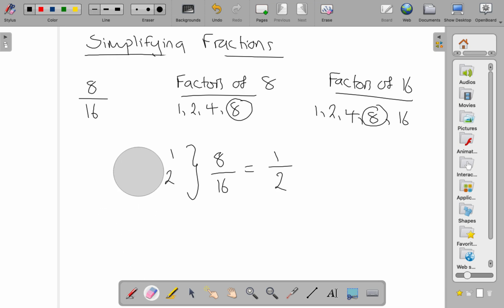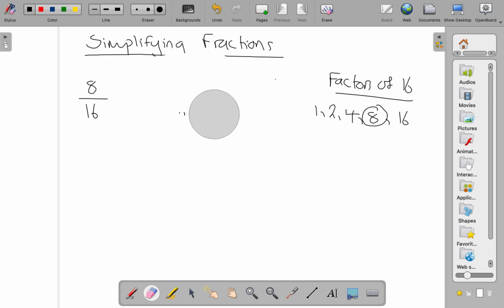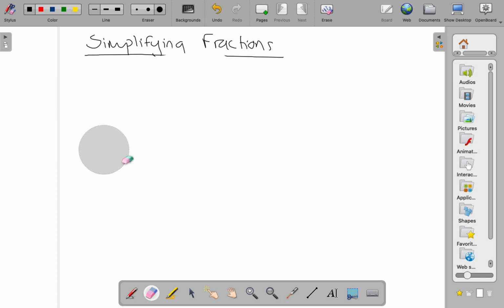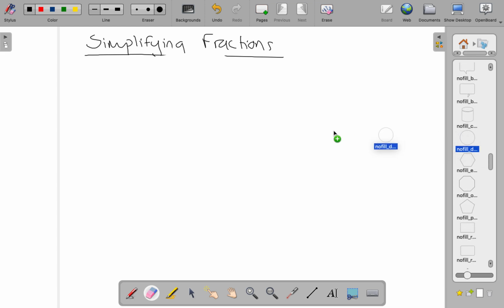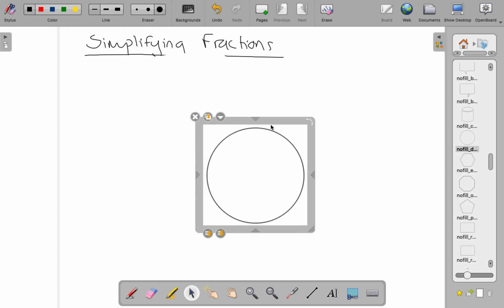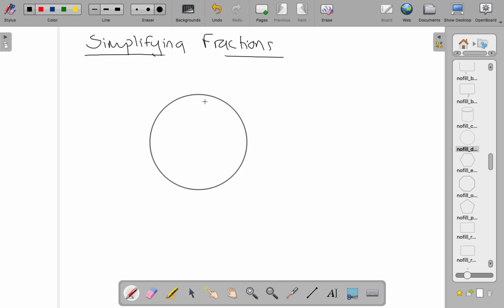So if I just explain this a little bit more, let's say for example we have a circle, and we have it split into 8s. So 1 down the middle there, 1 across there, 1 across there, and 1 across there.